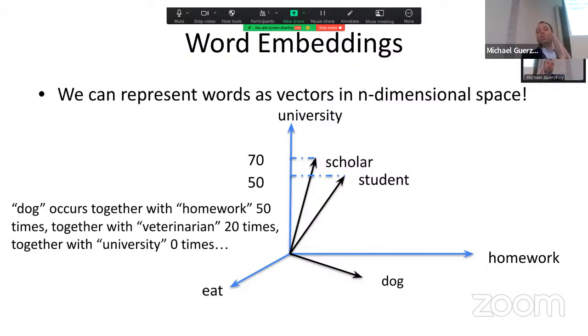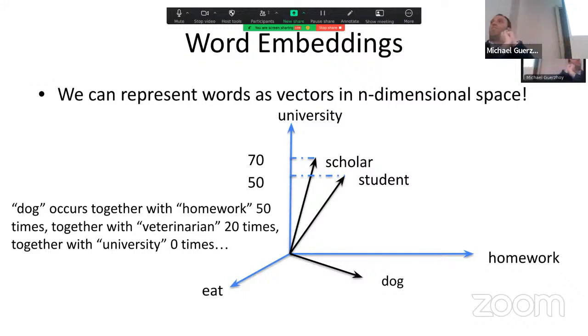So if, for example, student and scholar appear in the same contexts and in the same proportions, but maybe scholar doesn't appear as often as student in the text, what you would expect is that if you think about those words as those kinds of vectors of co-occurrences, student and scholar point in the same direction, but the scholar vector is shorter than the student vector.